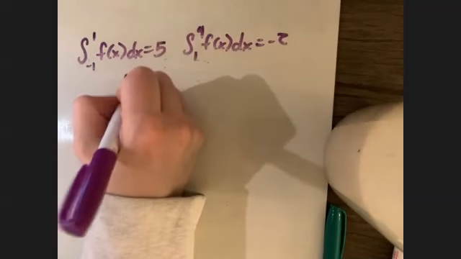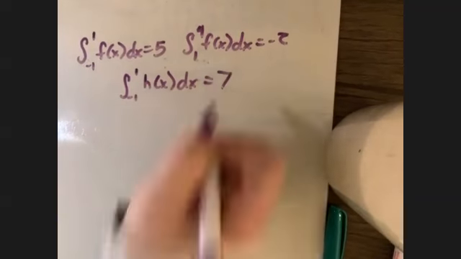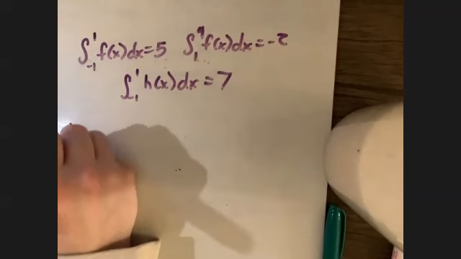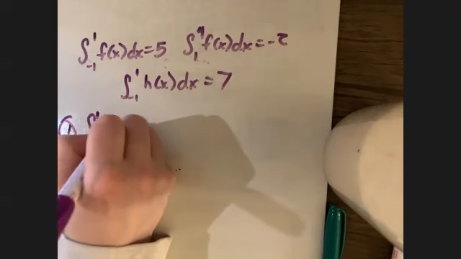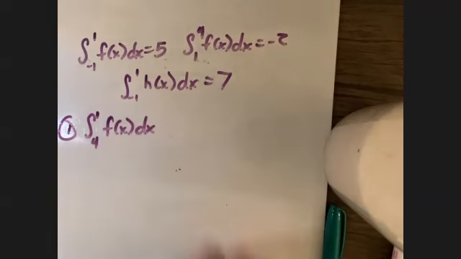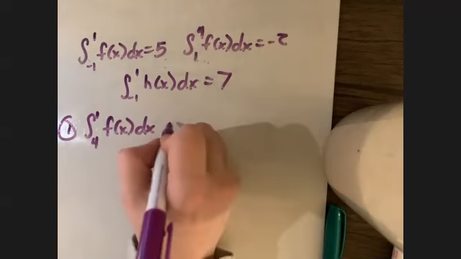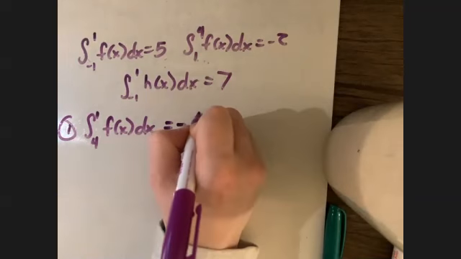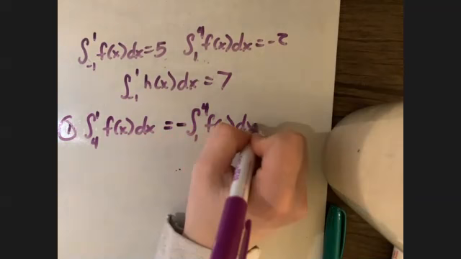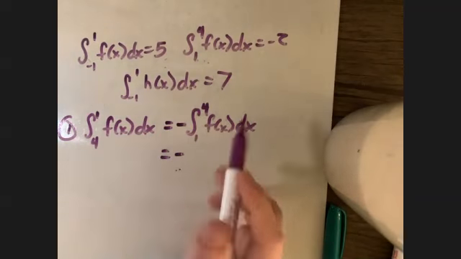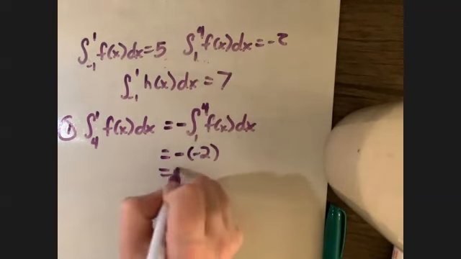And the integral from -1 to 1 of h of x dx is 7. The first thing they ask us to do is the integral from 4 to 1 of f of x dx. We notice that our interval bounds are out of order. That means it is the negative when I switch them, and looking from 1 to 4, that was -2. So that's going to be 2.